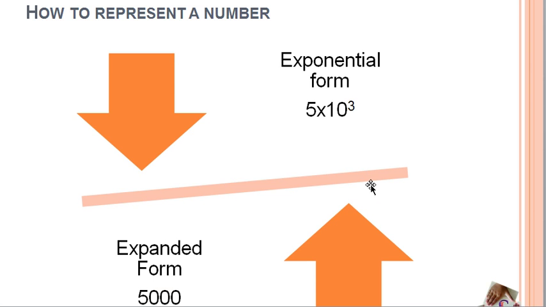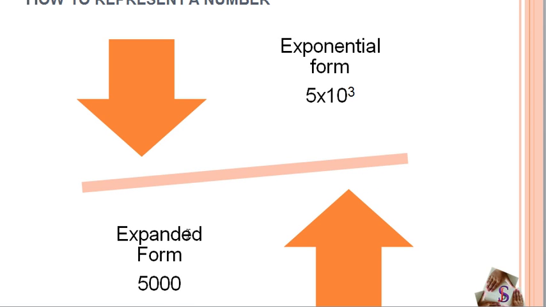Now when we write a number, we can either write it in expanded form or in exponential form. Expanded form means I expand the number and write. For example, when I take 5,000, I write it as 5 followed by 0, 0, 0. But we could also write it in exponential form as 5 into 10 to the power of 3.